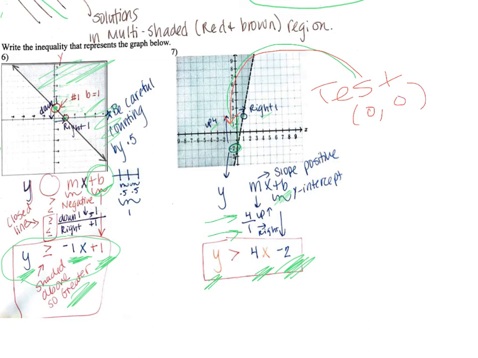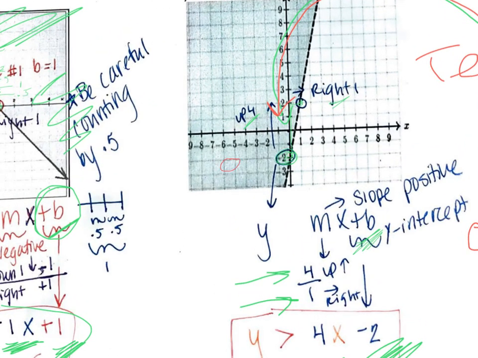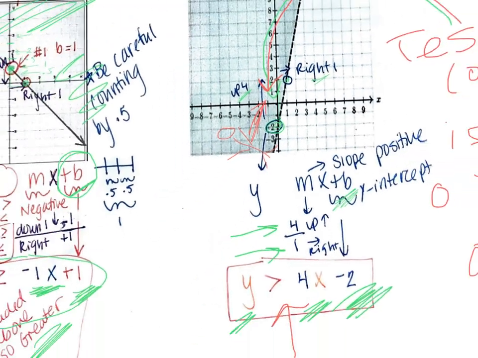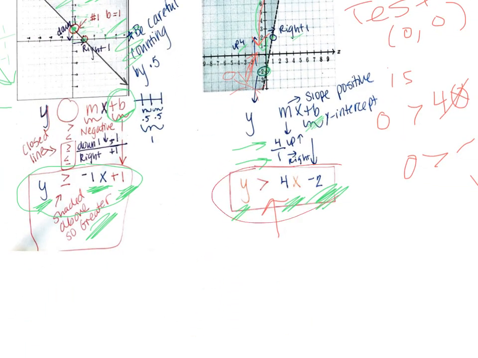So I plug it into the inequality, 0 greater than 4 times 0 minus 2. Yes, that makes sense. Therefore, this symbol should make sense. And if you think about that trick we were talking about, the person is walking on the shaded side above ground. The person's on the greater side, so it's a greater than symbol. Because it's dotted, there's no line under. It's just y is greater than 4x minus 2.